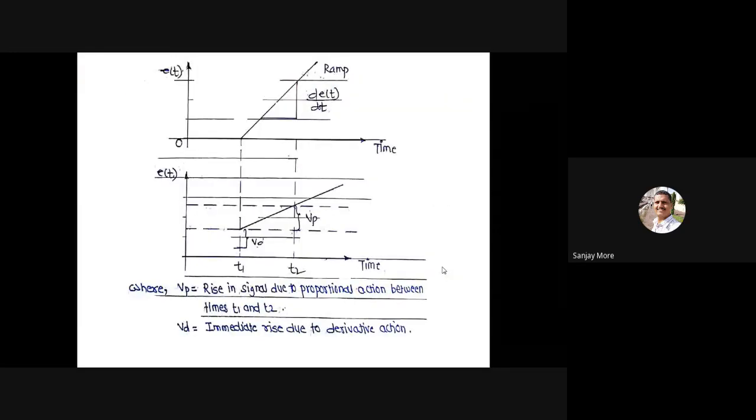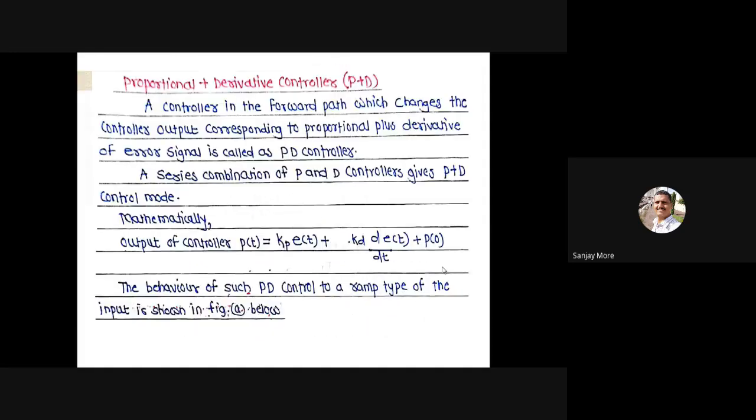So before drawing these two graphs, write down 2-3 sentences on the proportional plus derivative controller.